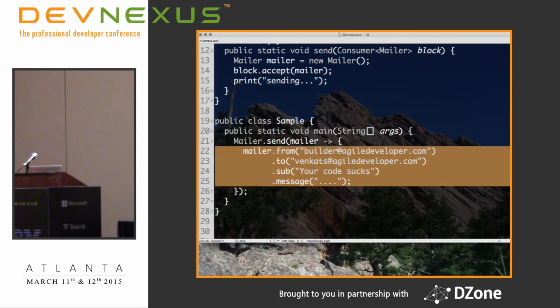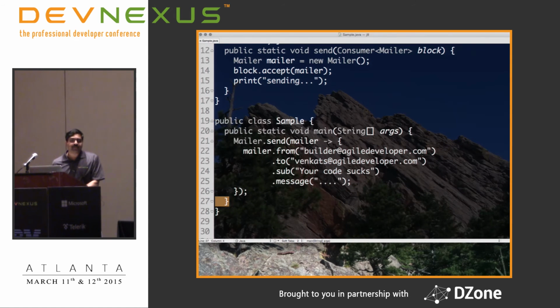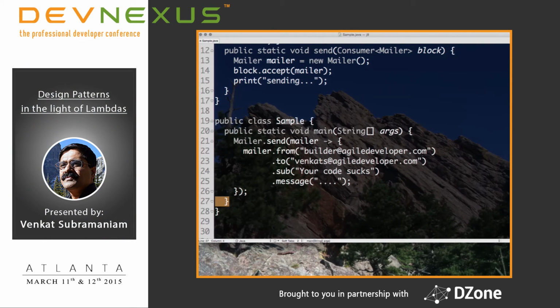The second thing you are doing in this particular case is you have come to line number 26. Now the question is, on line number 27, can I reuse the mailer? The short answer is, what mailer are you talking about, right? Because we don't have a mailer object on our hand. It is in the context of this lambda. It's given to us, and when we return, it disappears.